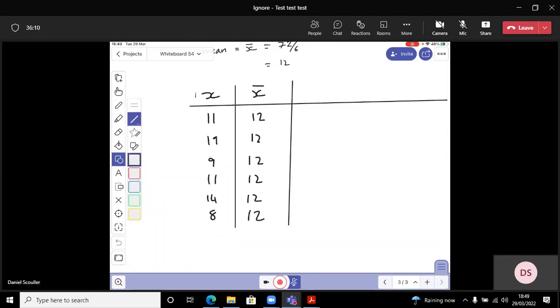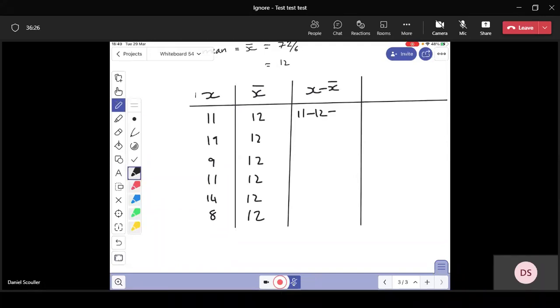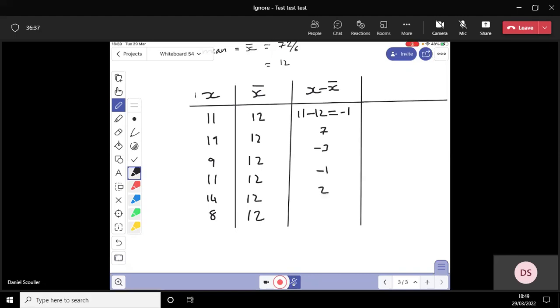Because the next column is your x minus x bar. So that column is just 11 minus 12, and it gives you the answer. So 19 minus 12, 9 minus 12, 11 minus 12, 14 minus 12, and 8 minus 12.